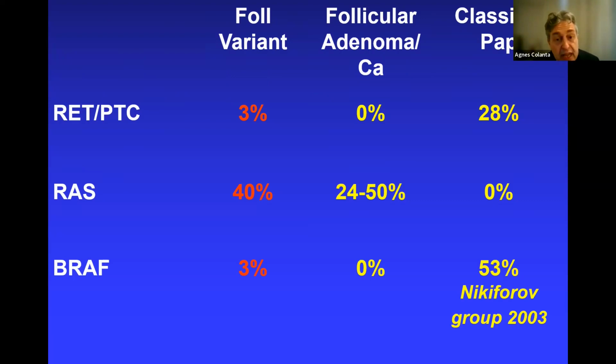They have a lot of RAS mutations, like follicular adenoma and carcinoma, different from classical papillary carcinoma. They have very little BRAF mutation, like follicular adenoma and carcinoma, and different from classical papillary carcinoma. They also have very little RET/PTC mutation, similar to follicular adenoma, and quite different from classical papillary carcinoma.